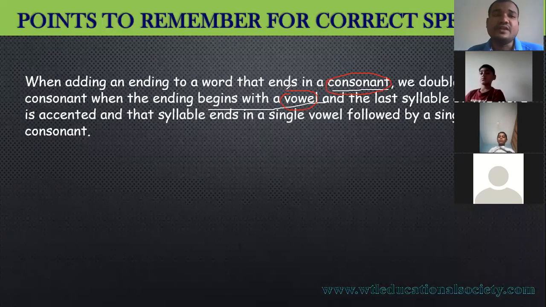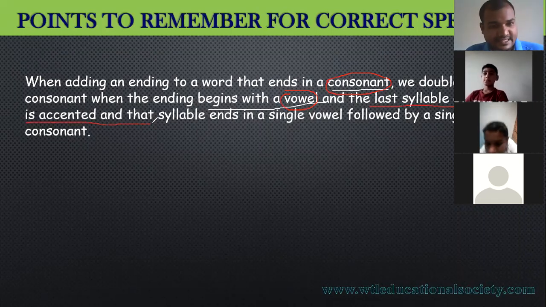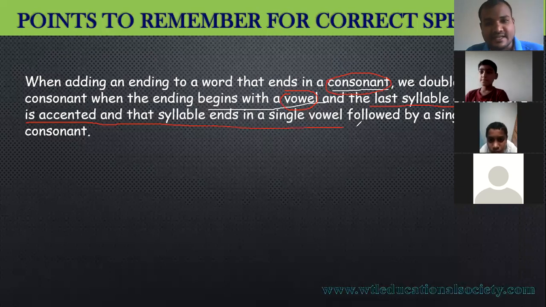In that case, we will double that letter. And the last syllable of the word is accented, and that syllable ends in a single vowel followed by a single consonant.